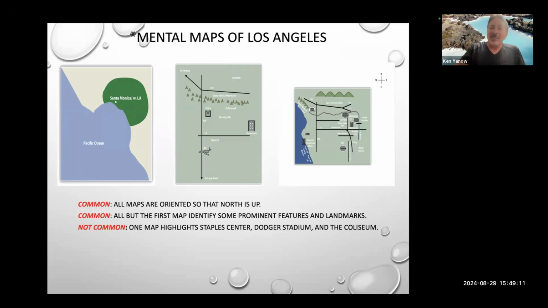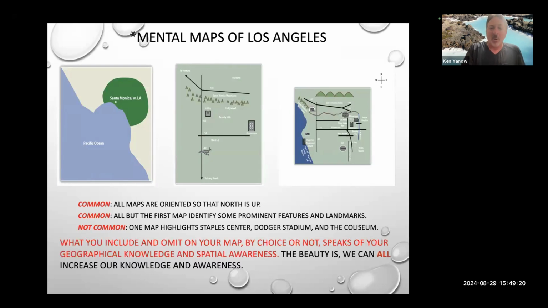So again, the expanse of knowledge comes with teaching and with experience and with generally just simply wanting to know. Now, what you include and omit on your personal map, by choice or not, is going to speak volumes of your geographical knowledge and spatial awareness. But the beauty is we can all increase our knowledge and awareness.